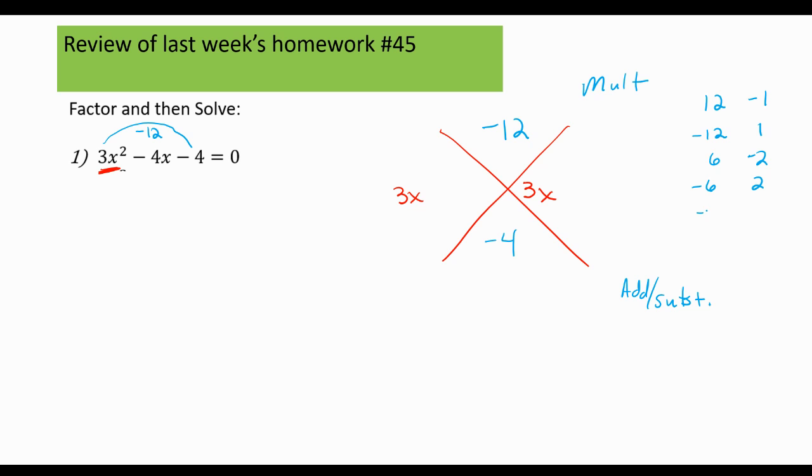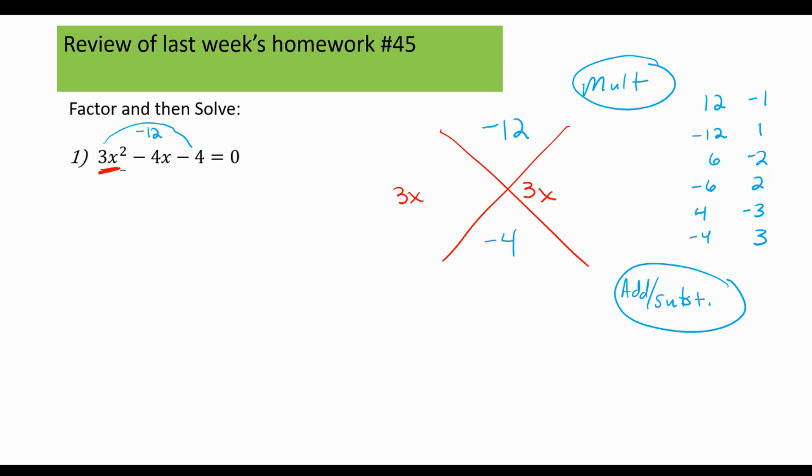Last one would be a 4 times a -3 and a -4 times a 3. That's all the different ways you could multiply to -12, isn't it? Right? 12 times -1, -12 times 1. 6 times -2, -6 times 2. All of those multiply to -12.